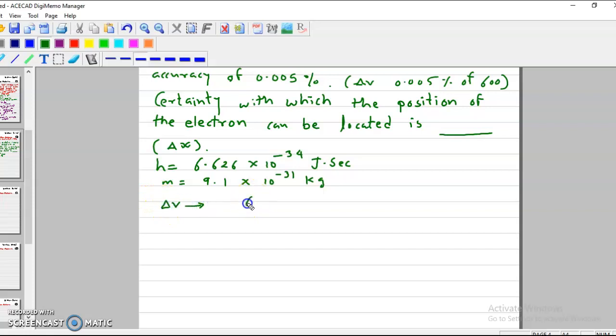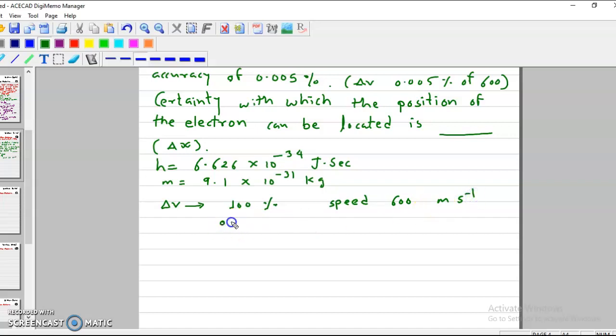How? In case of 100% accuracy, the speed is 600 meters per second.